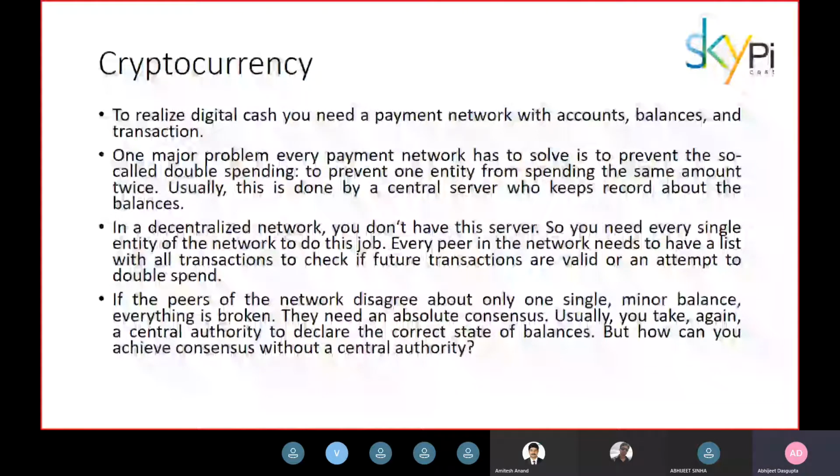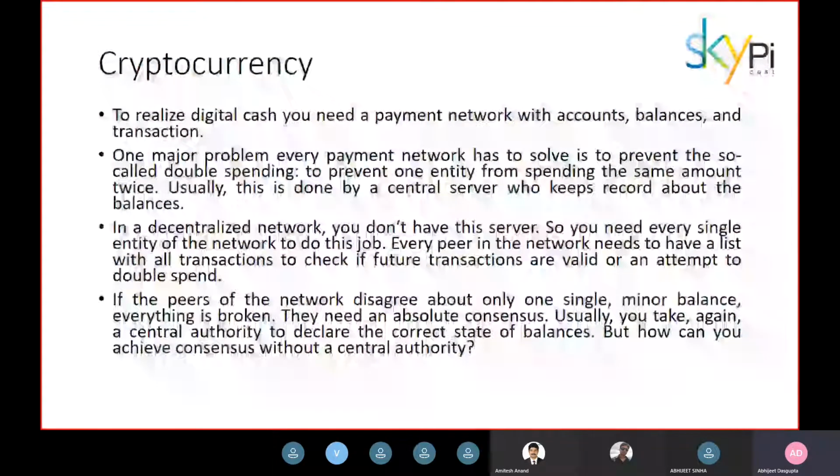Usually, we take a central authority to declare the correct state of balances. But when we talk about a decentralized blockchain-based cryptocurrency, this consensus is achieved without a central authority. And how is it done? It is done through consensus algorithms. So let's move ahead and see what these are.